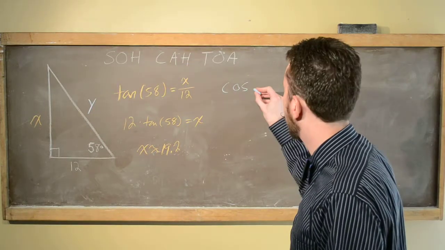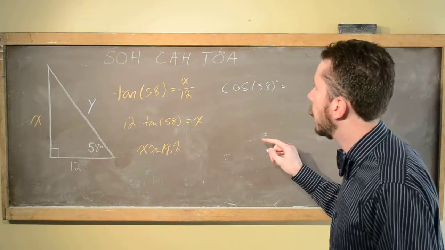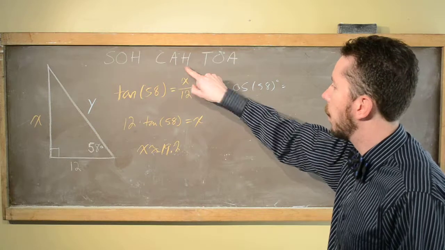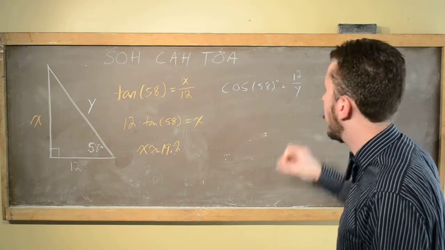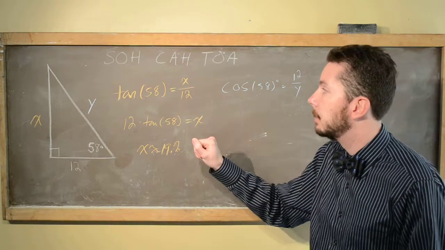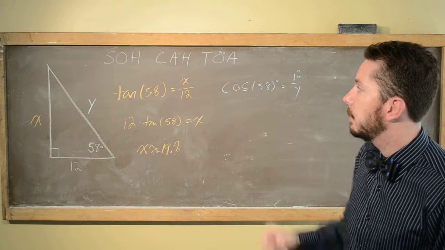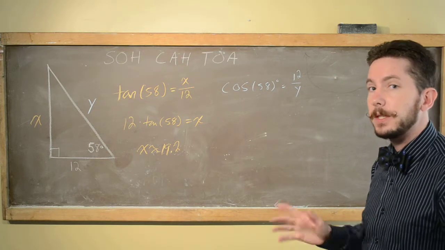The cosine of 58 degrees is equal to the adjacent over the hypotenuse. So 12 over y. Notice that this is slightly different than our previous problem. On this example, the variable was in the numerator, and on this one, the variable is in the denominator. This is not trivial.